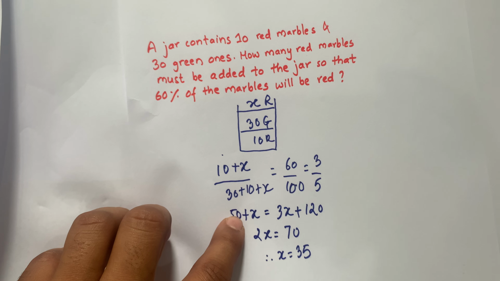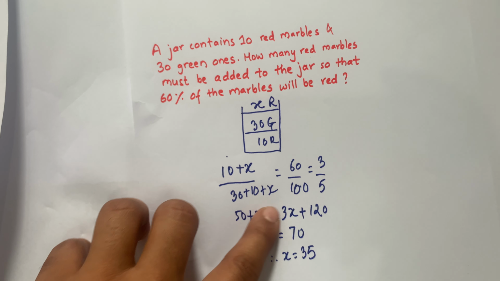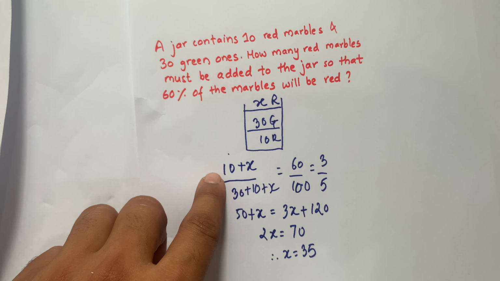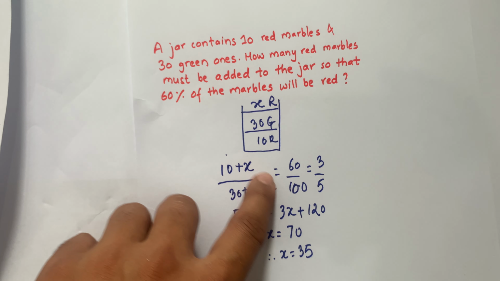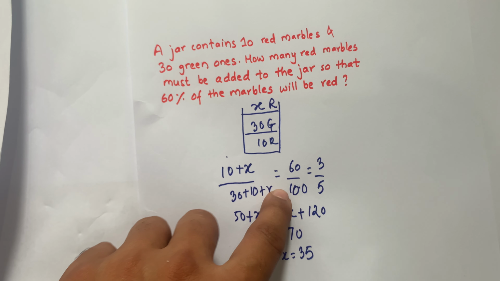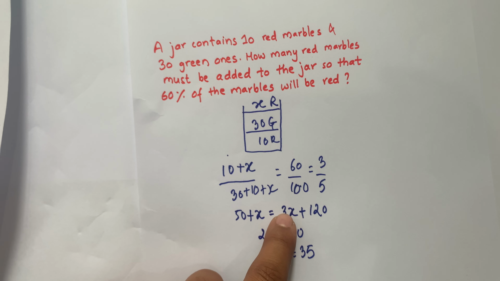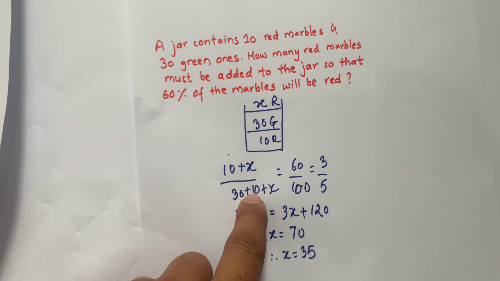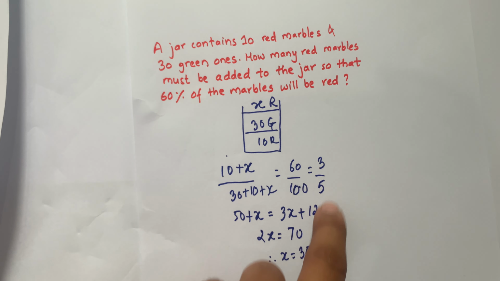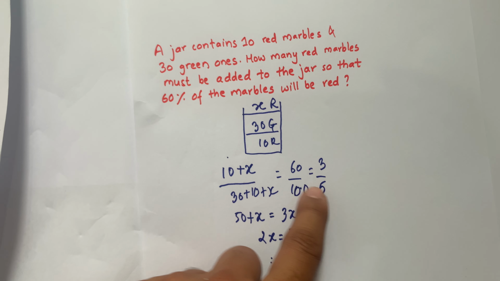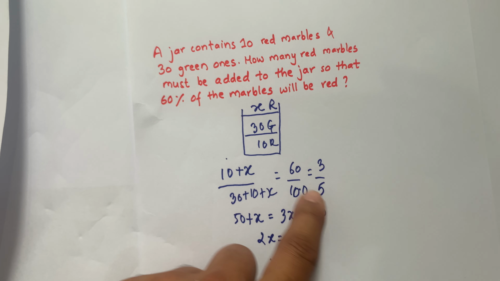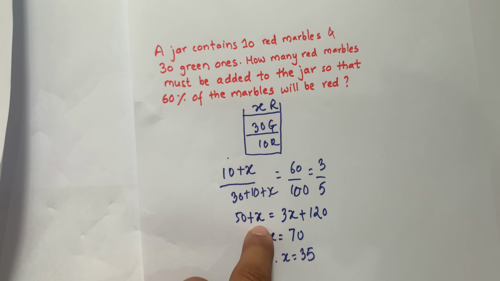So the answer is 5 into 10 plus x, and this term into 3. So 3x plus 30 plus 10, 40 into 3, 120, and 5 into 10 and 5 into x, 5x.